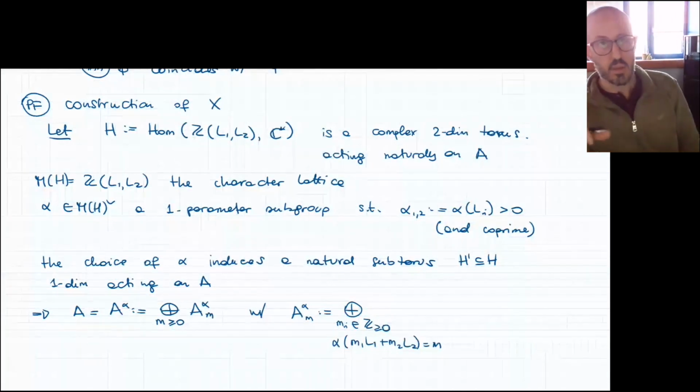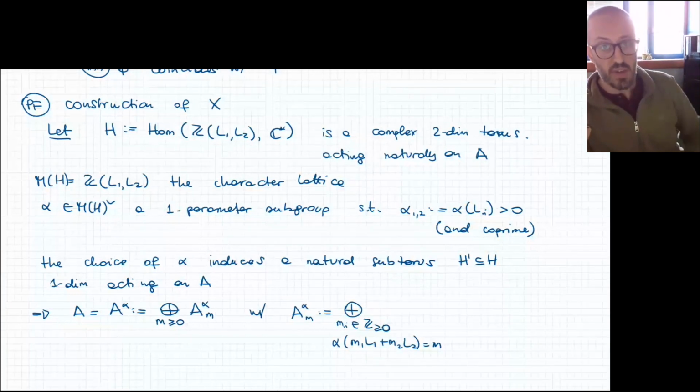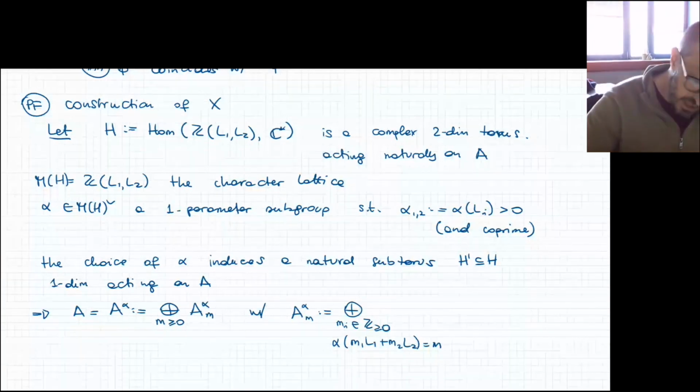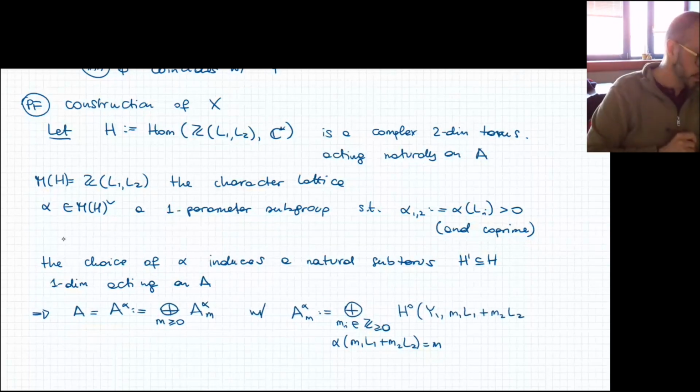Okay, so we can decompose in this way. We pick two integers mi such that the value of m1 L1 plus m2 L2 is equal to m. And then we write H0 of Y1, m1 L1 plus m2 L2.